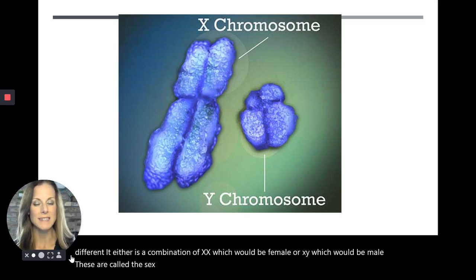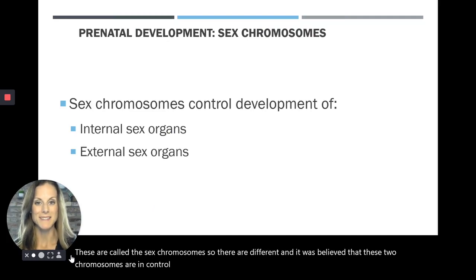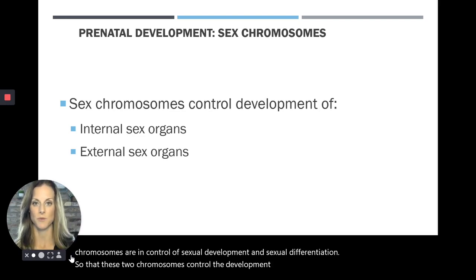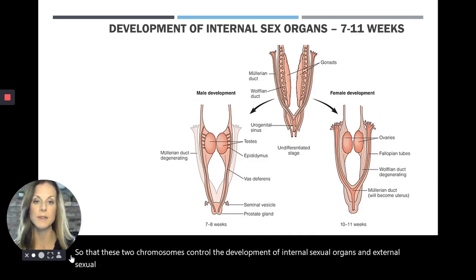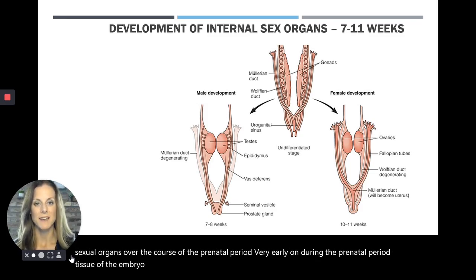So they're different, and it was believed that these two chromosomes are in control of sexual development and sexual differentiation, so that these two chromosomes control the development of internal sexual organs and external sexual organs over the course of the prenatal period. Very early on during the prenatal period, tissue of the embryo begins to be differentiated by sex.